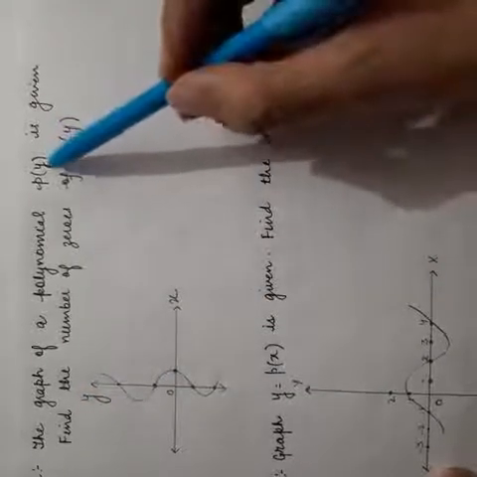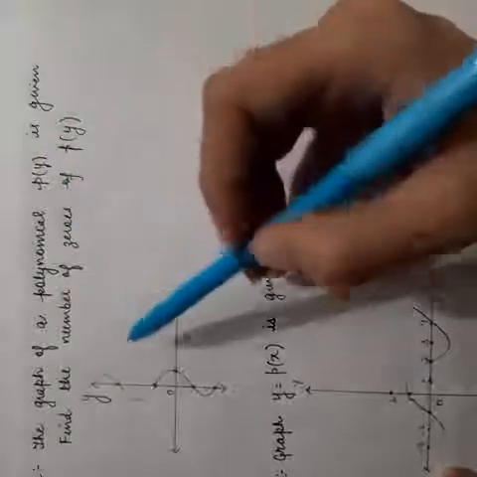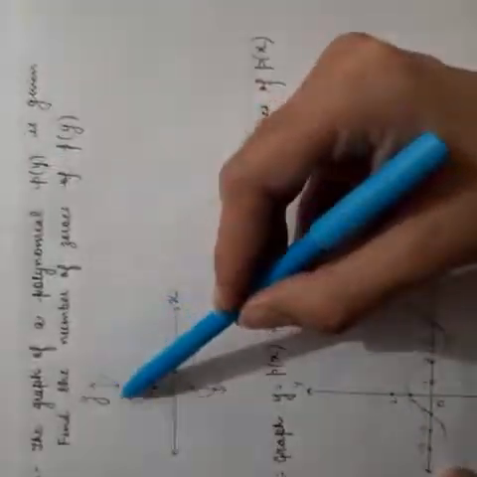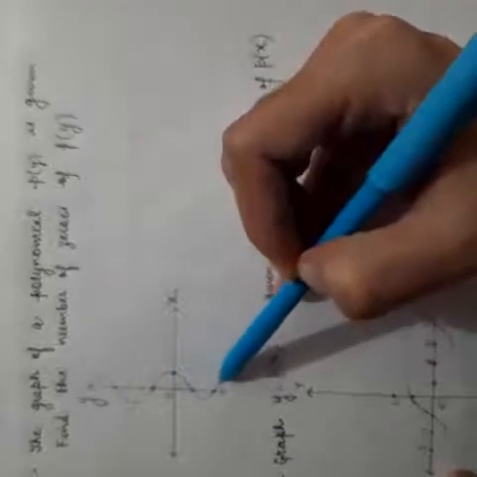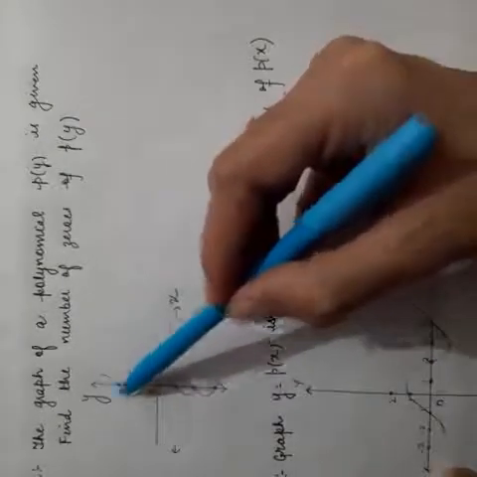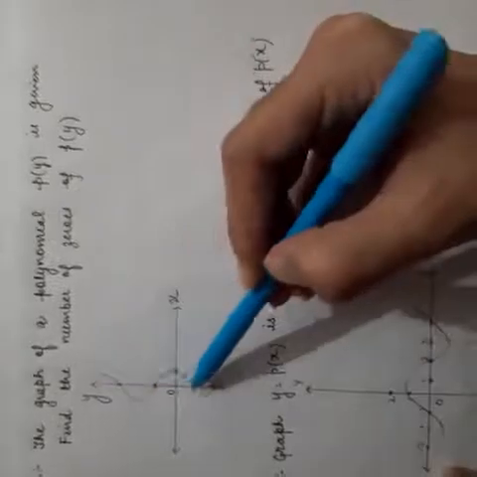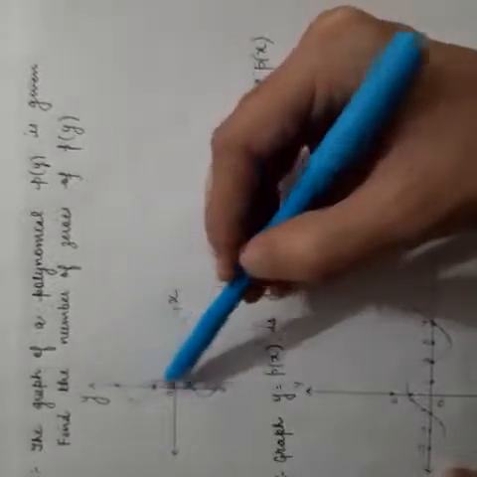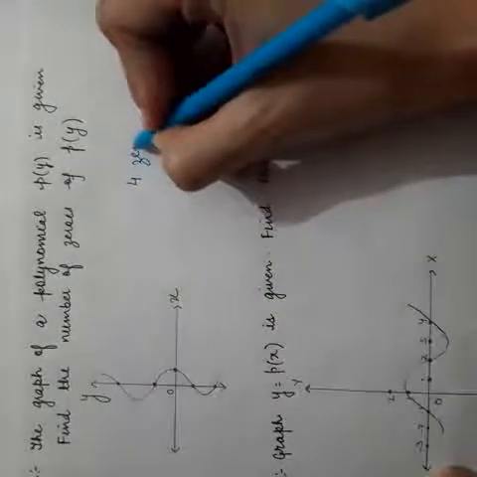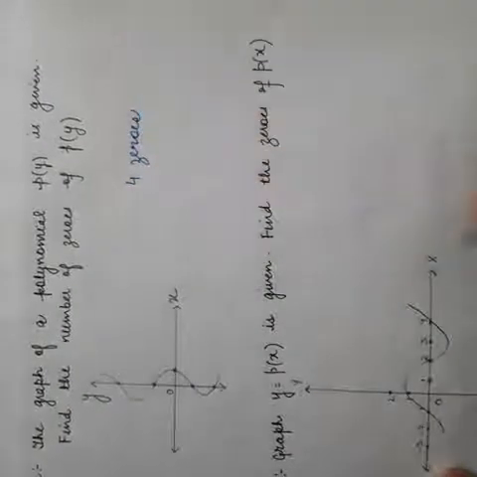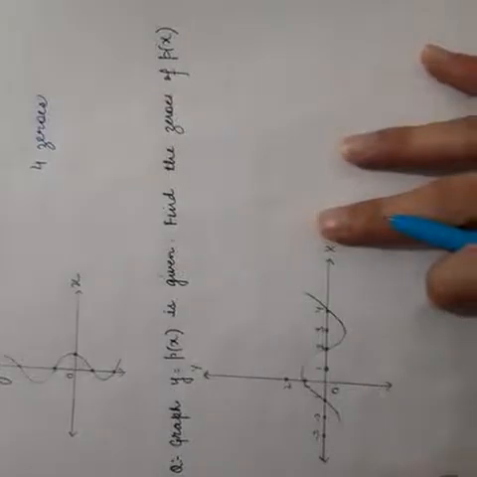Just because the polynomial is in y, you have to see how many points the curve cuts on the y-axis. Instead of the x-axis, now you will see the y-axis because the polynomial is in y. Just see 1, 2, 3 and 4. As the curve intersects the y-axis at 4 points, this polynomial will have 4 zeros. I hope it is clear.